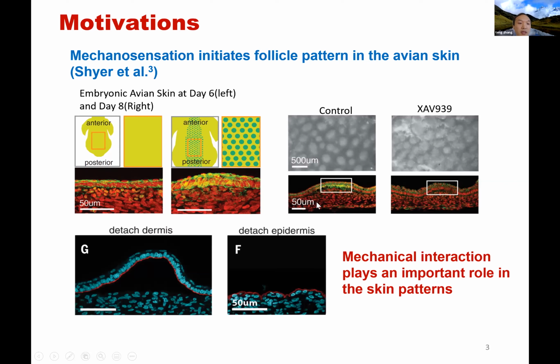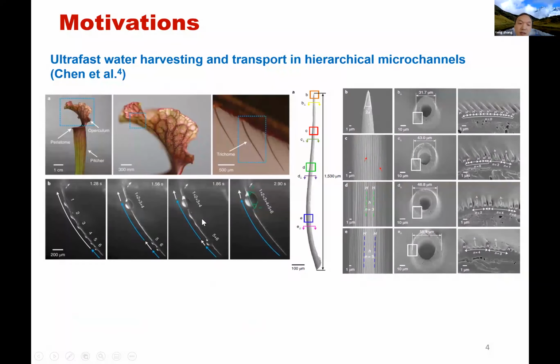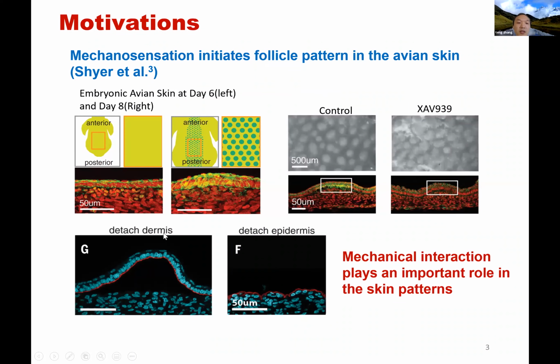They also did a more mechanical analysis. In general, you can think of skin as a multi-layer structure. You have the epidermis, the layer on the outer surface, then you have the dermis, and also you have the substrate.